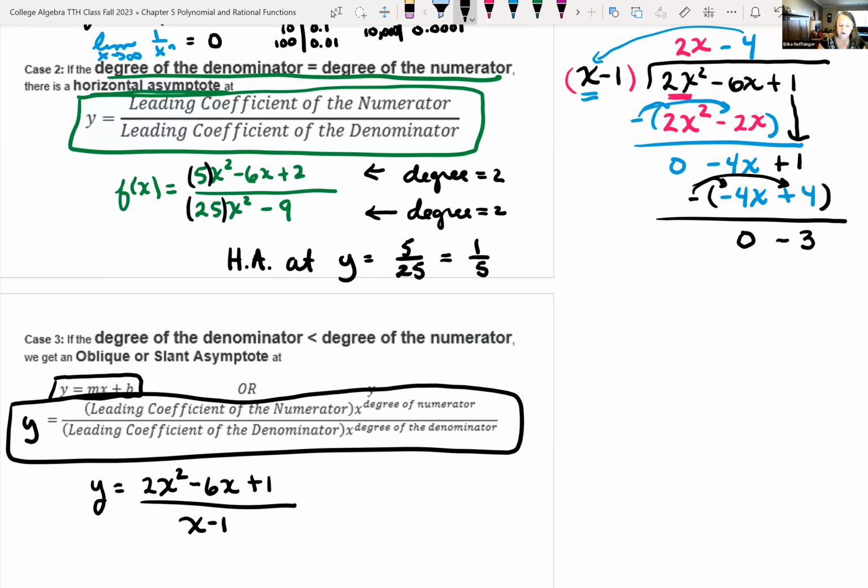So I'm done. I have a remainder of negative 3, because this is a smaller degree than up here. And so my quotient, y equals 2x minus 4, is the oblique asymptote.